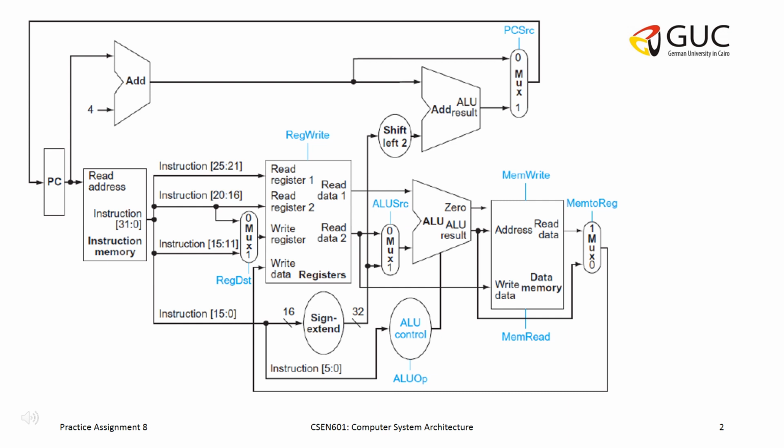We start with the PC, setting the address for the next instruction, and we have the instruction memory where all the instructions are saved, and then we have the register file where we have the registers, and we have the ALU where we perform the main operation of our instruction, and at the end the memory where the data is stored.